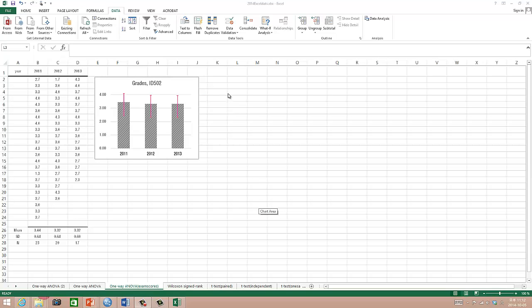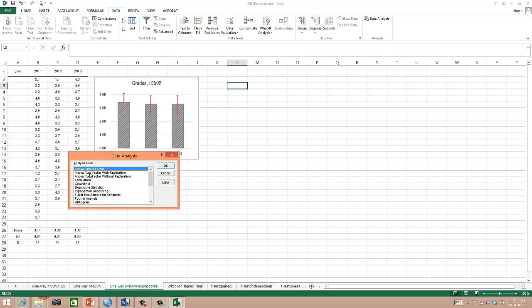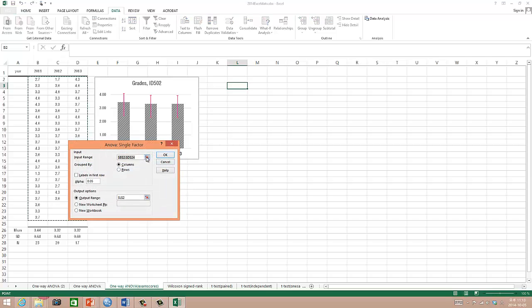Okay, let me show you how we can perform the one-way ANOVA test in Excel. You click Data Analysis and here you have a list of different statistical techniques, and ANOVA, as you see, is the first one, I think because it starts with A. Anyway, single factor means one-way ANOVA.